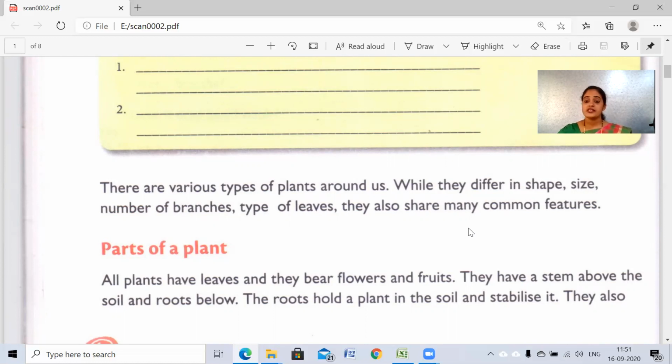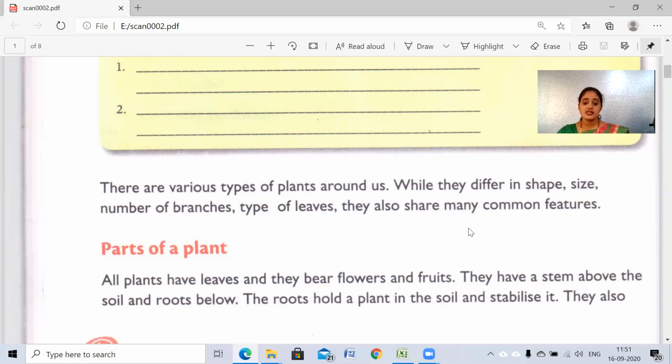They have stem above the soil and root below the soil. Just take a plant or observe the plant. If you see the plant, you can see the stem part above the soil and the root part below the soil. Isn't it, children? Yes. What is the function of the root? The roots absorb water from the soil.